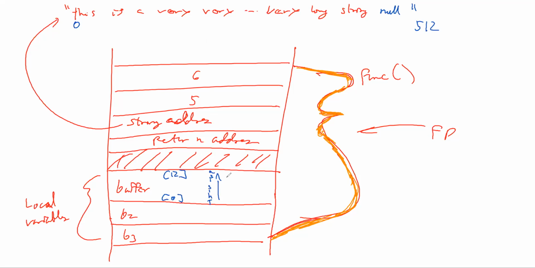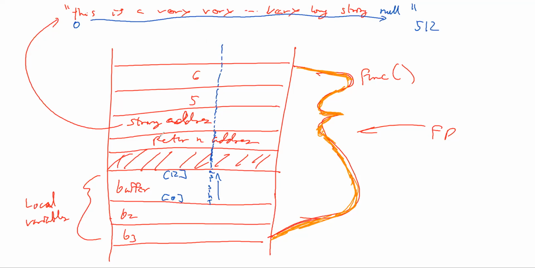It's going to read all of this until that null. It'll know when to stop there. And so it just keeps writing, and guess what? It writes over this. It writes over the return address. It writes over the string address. It writes over this, and it keeps writing.